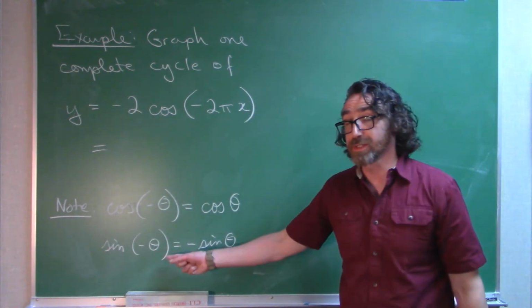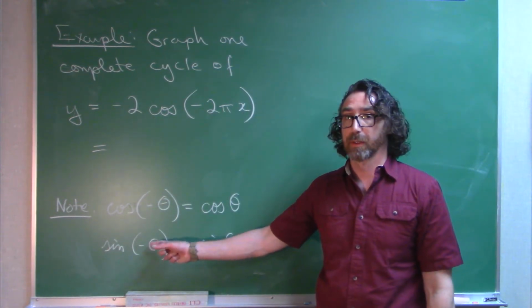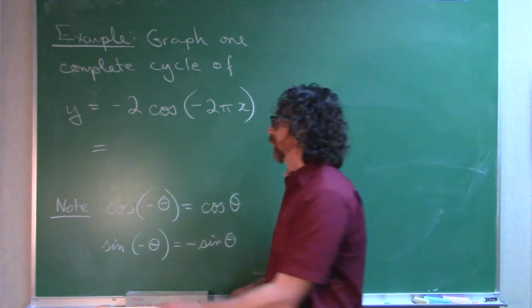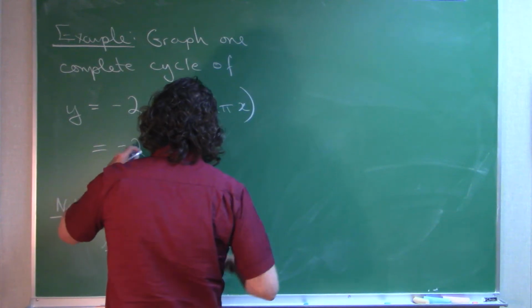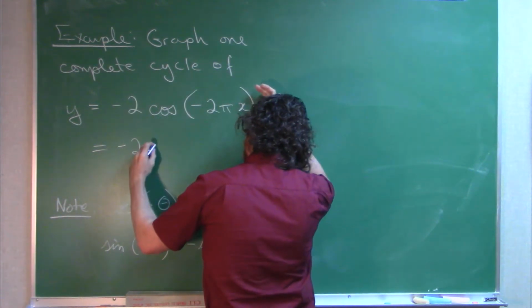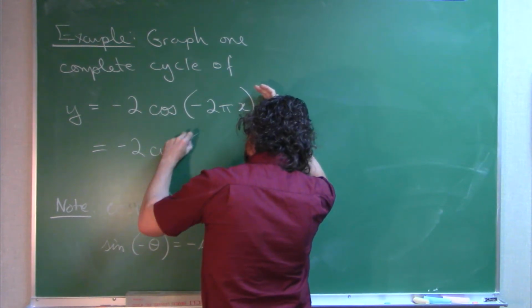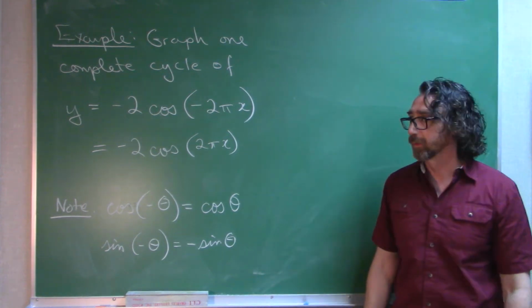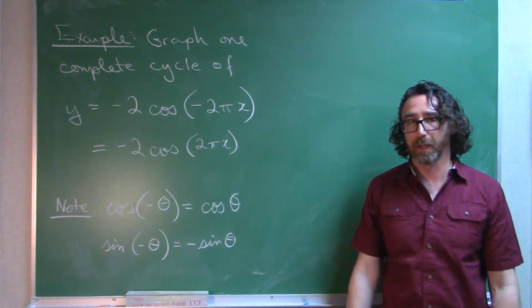Now, if I was dealing with the sine function, it's a different story. Negative on the inside, well, you take that negative out. So I can replace this part, cosine -2 pi x, that's the same as cosine 2 pi x. The -2 just comes along for the ride.